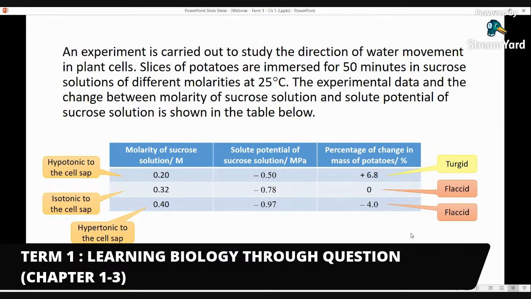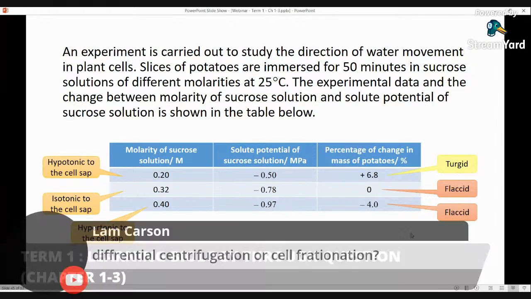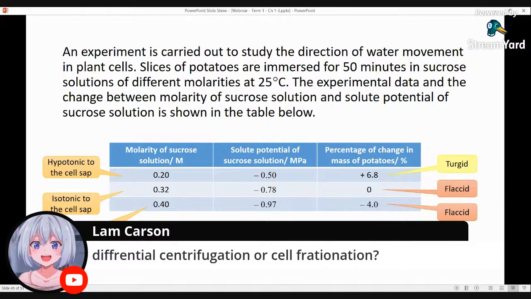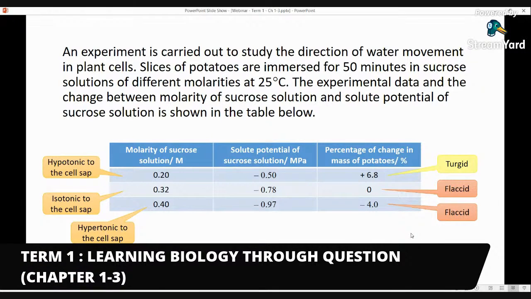An experiment is carried out to study the direction of water movement in plant cells. Slices of potatoes are immersed for 50 minutes in sucrose solutions of different molarities at 25 degrees Celsius. The experimental data on the change, the molarity of sucrose solutions and the solute potential of the sucrose solution are shown in the table below.